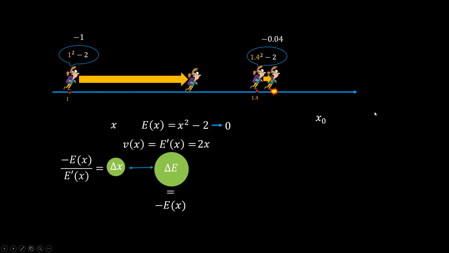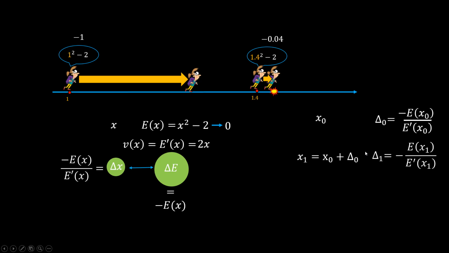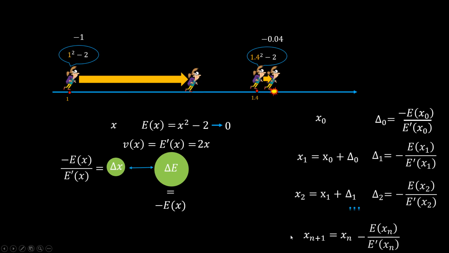You start with the initial guess, compute how far you are from the target, and divide over how fast the error changes with the guess. Use that to update your next guess. Then calculate the error and the speed again. Use that to update your next guess, and so on. In general, you update your guess based on the speed-adjusted error.